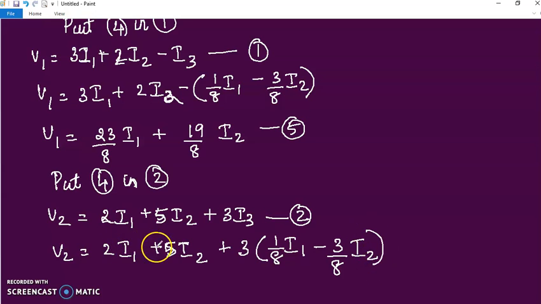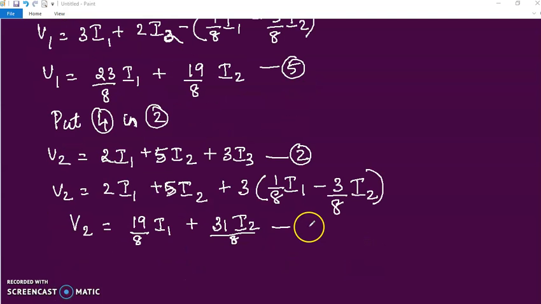So we can group together I1 and I2 coefficients to get it in the form of the second equation of the Z parameter form. Let this be equation number 6. Okay, so now we have got the two equations in the form of Z parameter.